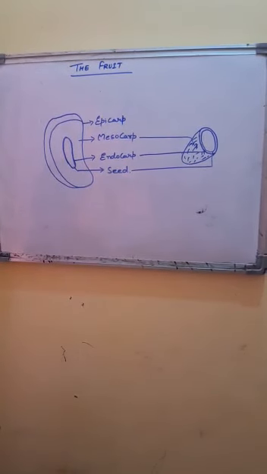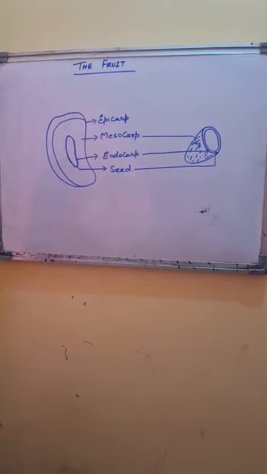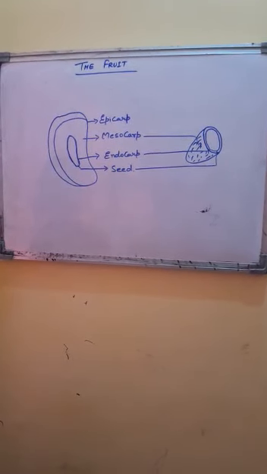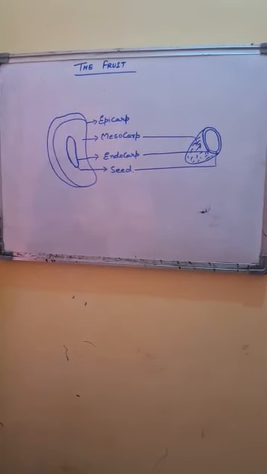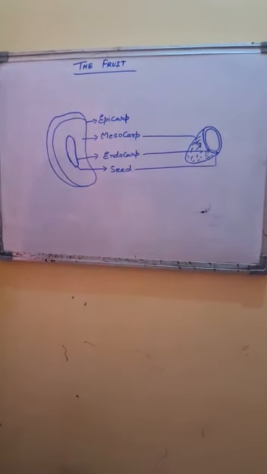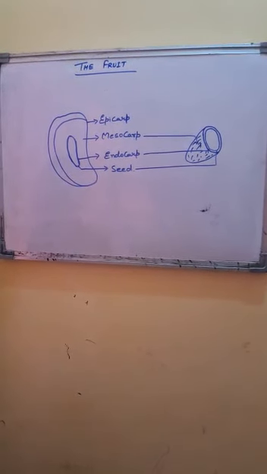Apple is an example of false fruit, because apple develops from the thalamus. The edible part of apple that we usually eat is not the ovary, but it is the thalamus, and that's why apple is a false fruit.